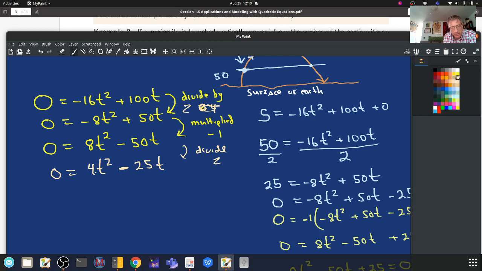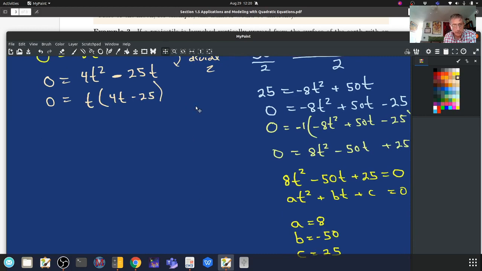So now literally the GCF of 4 and 25, that's it. They don't share any common factors. But the two terms do share a common factor of t. So that gives me t times 4t minus 25, and that's equal to 0. So it's factored. I have a factored solution.